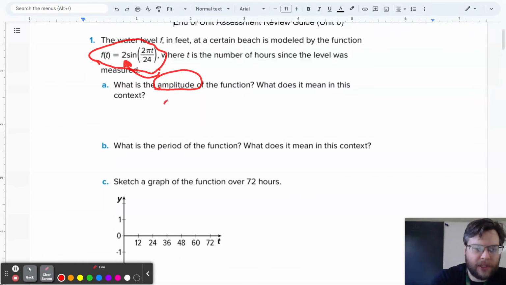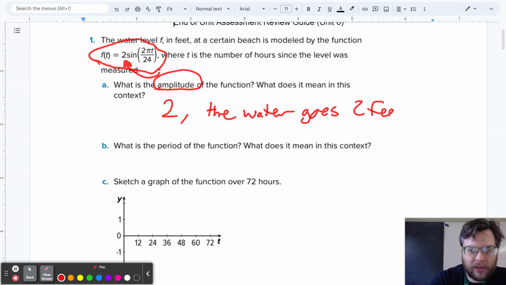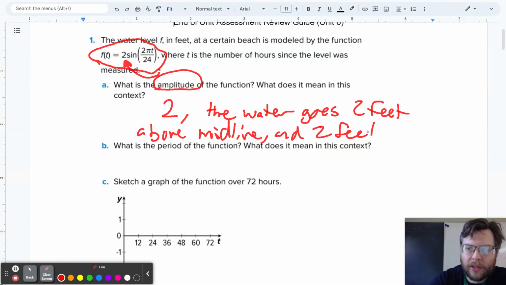So the amplitude is 2, and that means that the water goes 2 feet above the midline and 2 feet below. So remember that your amplitude is measured from the midline to the peak and same distance from the midline to the bottom.